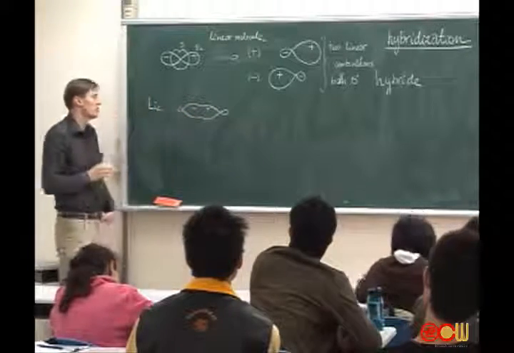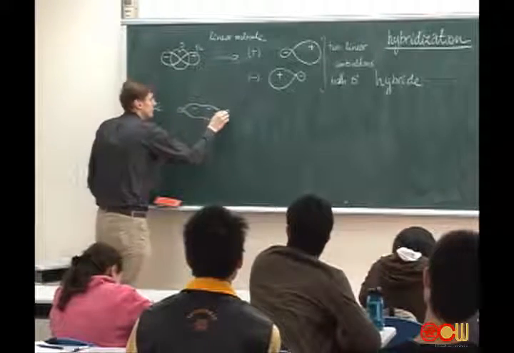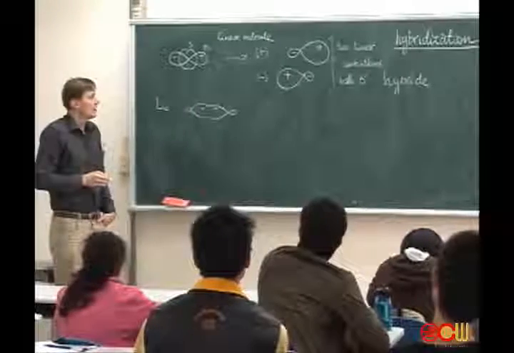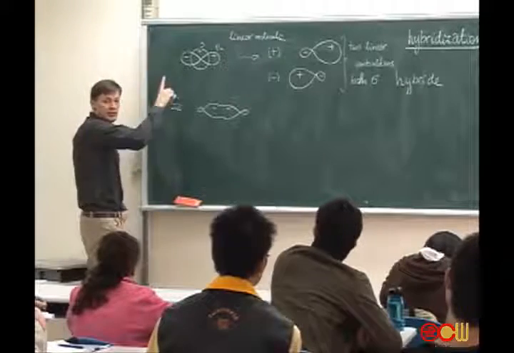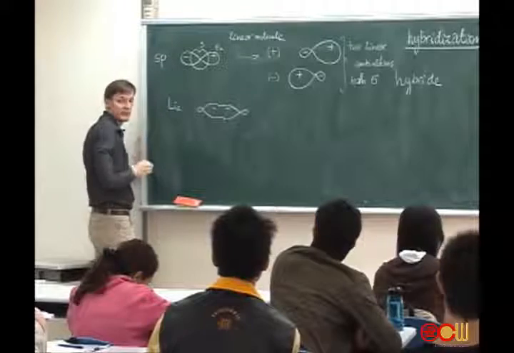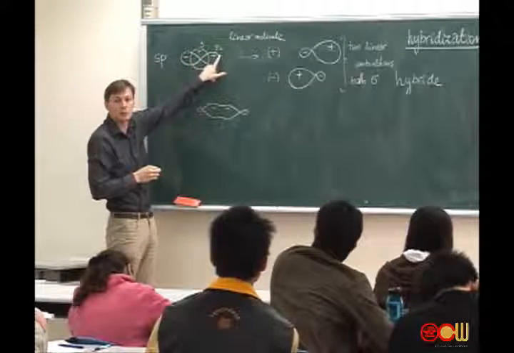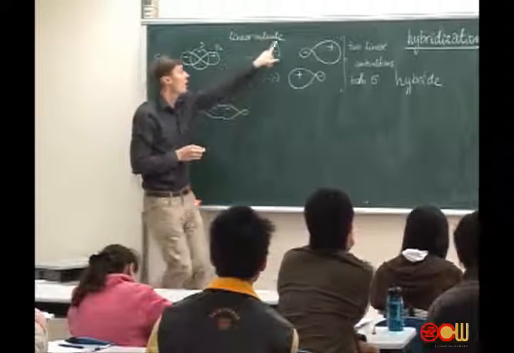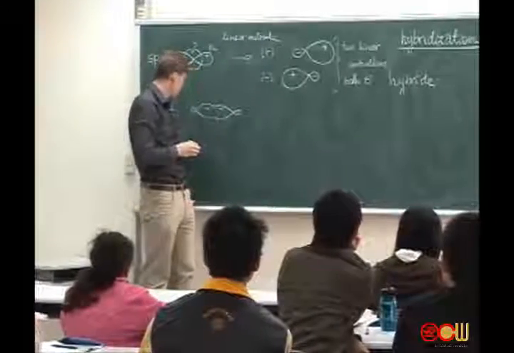So probably the bond in lithium looks something like that. Okay, this hybridization is called sp hybridization, and the reason for this is that you have one function s and one function p. And this hybridization happens only for the linear molecules, for the kind of chain molecules.